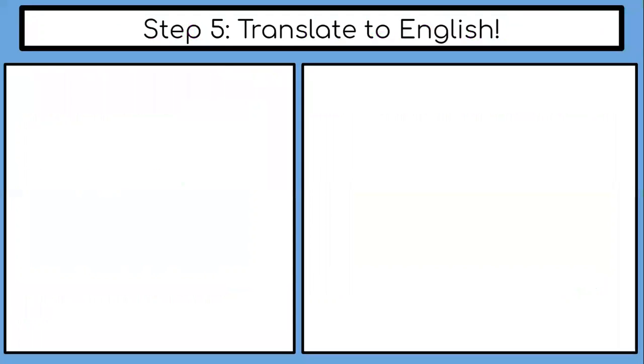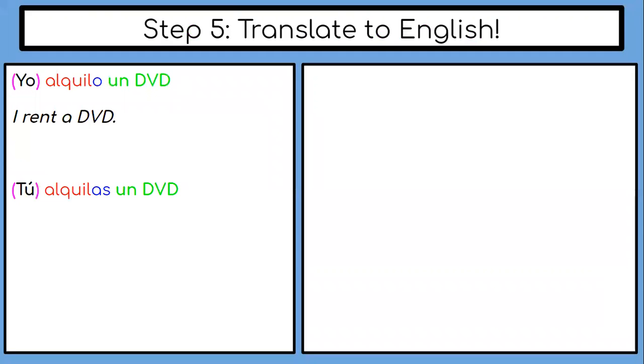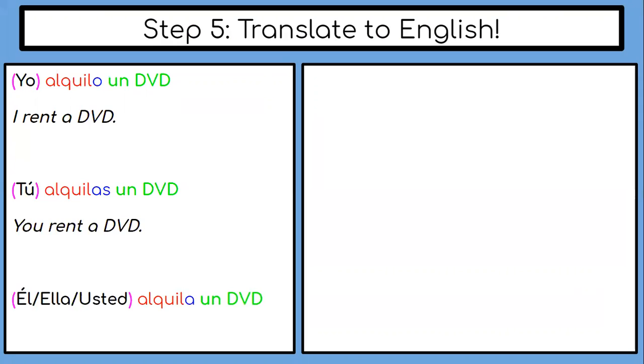Once you've done that, you're on to step 5, which is to translate to English. So yo alquilo un DVD is I rent a DVD. Tú alquilas un DVD? You rent a DVD. Él, ella, usted alquila un DVD?